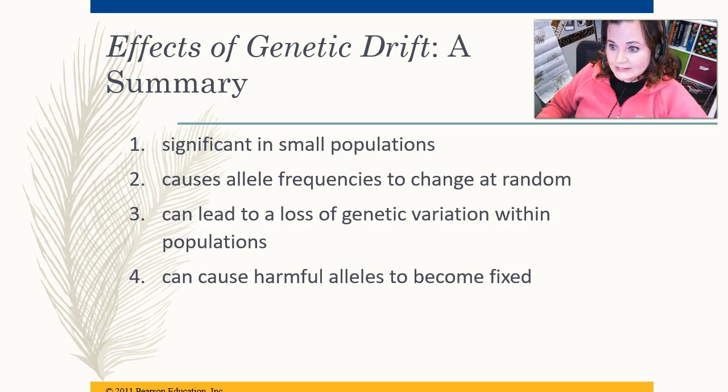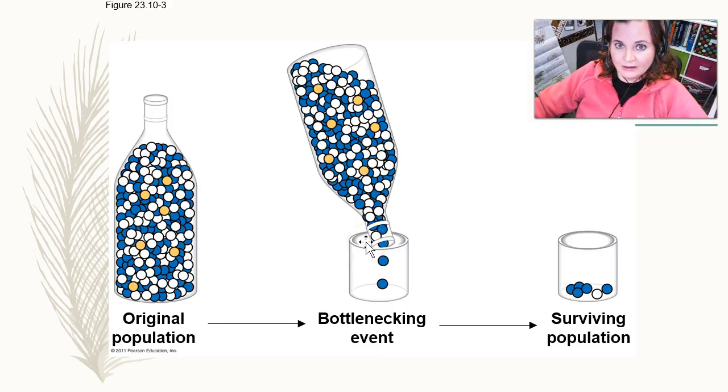It can lead to a loss of genetic diversity. It can cause permanent changes if you get rid of entire alleles. In this case here, that yellow allele is gone. So bottlenecking can cause entire alleles to go extinct. But again, because it has nothing to do with fitness, it's not natural selection. It's not truly considered evolution in that respect.